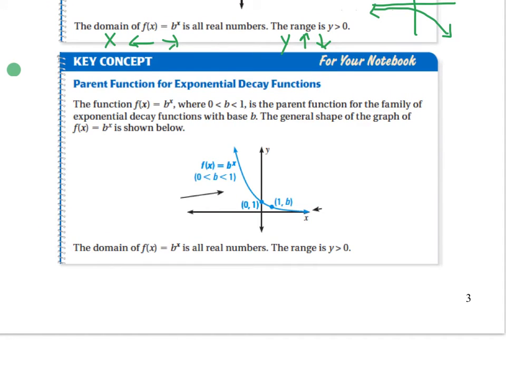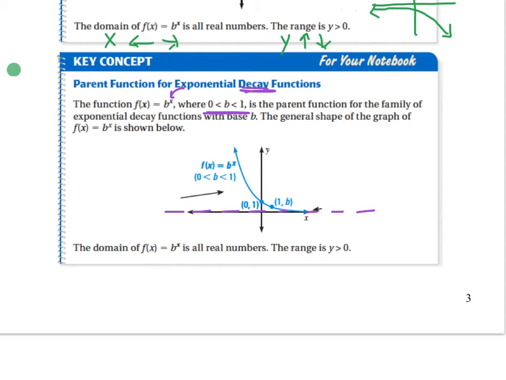So again, decay means that your b has to be between 0 and 1. So, like 1/3, 1/2, 2/5, something between 0 and 1. So the general shape of your graph is below. Here, your asymptote is at 0 again because it hasn't moved. It hasn't moved up, right, left, any.